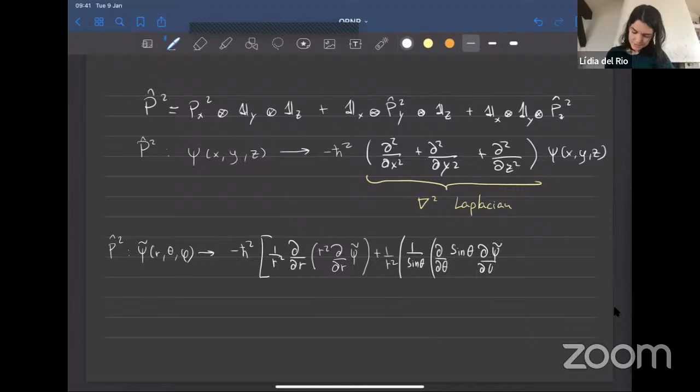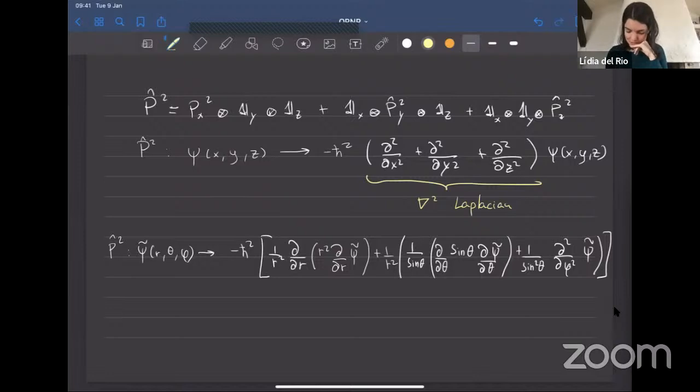The theta, plus 1 over sine squared of theta, d squared d phi squared of the wave function. Okay, now this is pretty horrible, but it should give you a deja vu feeling, because we've seen something like this before.